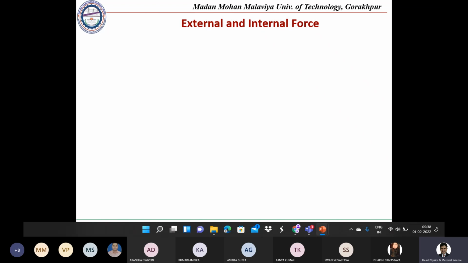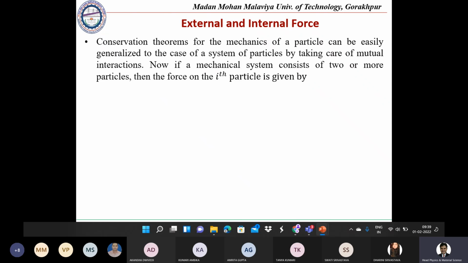So we should also think about the external and internal forces on a body. If externally we are applying a force, then we should know what happens with the particles which are the constituents of that body and how they react to that external force. If they are not balanced, then definitely they will show some otherwise effect on that body. So let us see what those are and what should be done for the balancing of such forces.